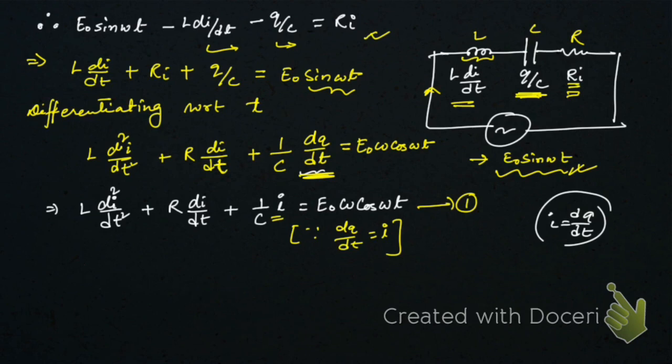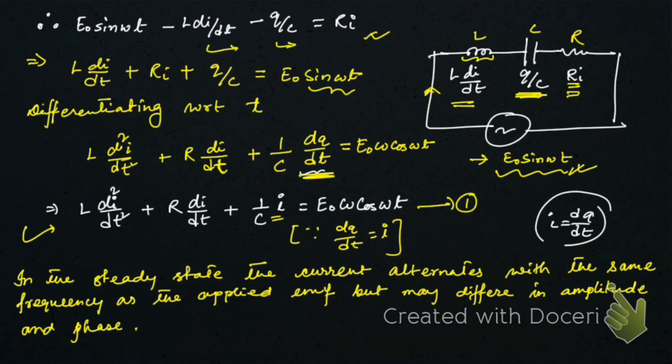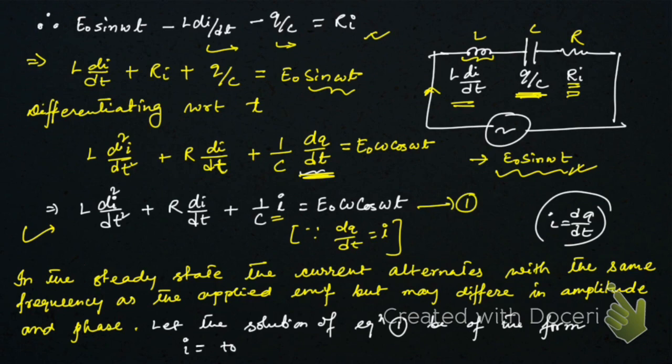So now you see, the solution of this kind of differential equation we can consider as, so let the solution of equation number 1 be of the form I is equal to I naught sine omega t minus phi.